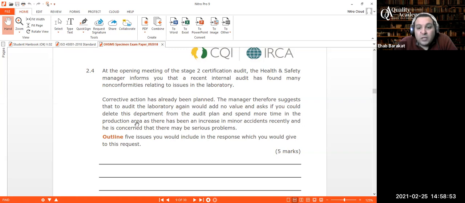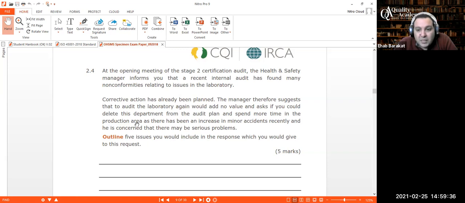The manager therefore suggests that auditing the laboratory again would add no value and asks if you could delete this department from your audit plan and spend more time in the production area, as there has been an increase in minor accidents recently, and he is concerned that there may be serious problems. Outline 5 issues you would include in the response you would give to this request. What will you do in this case?